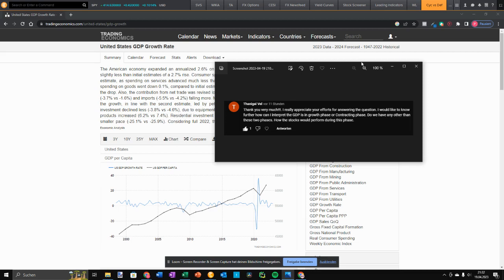It's just important to know it's growth or contraction, and then by how much. So how the stocks would perform during this phase. As I said, when there is contraction, defensives tend to perform much better, or at least stay flat. And in the growth phase, you should always look for cyclical stocks.